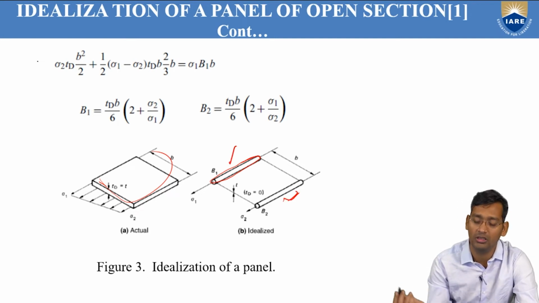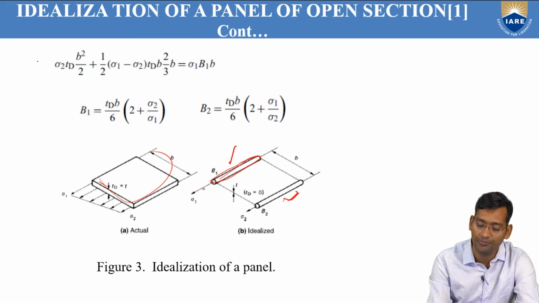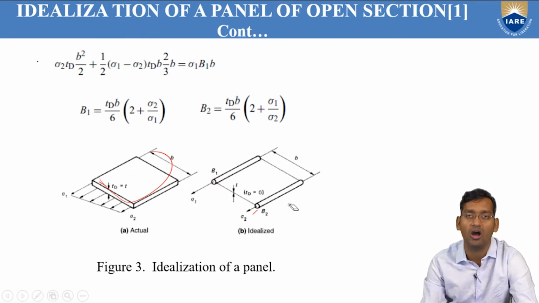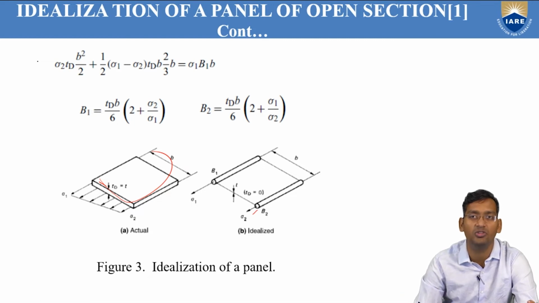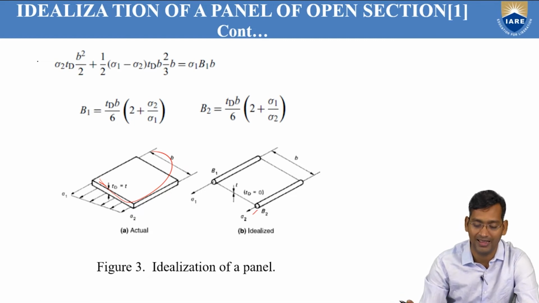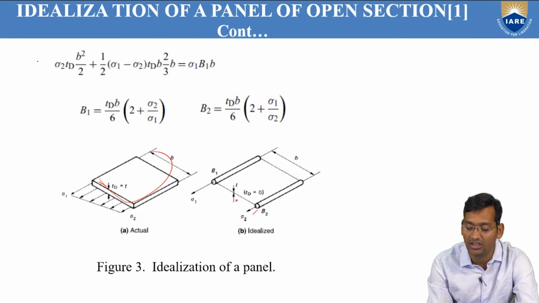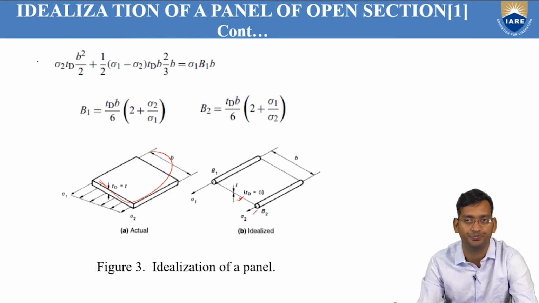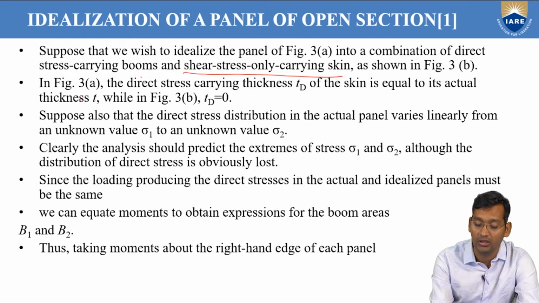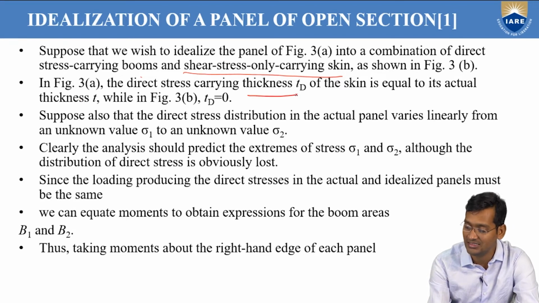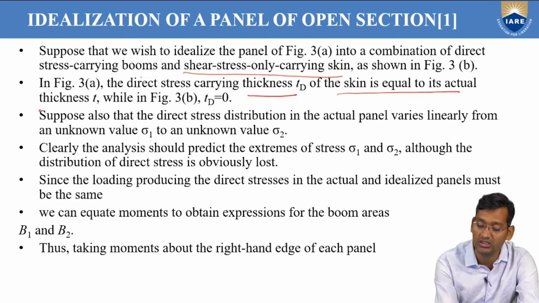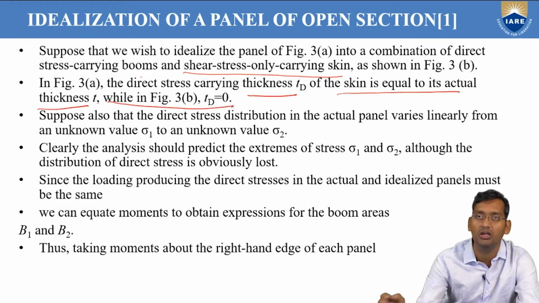Now we focus on all stresses acting on the booms only: sigma 1 along B1 and sigma 2 along B2. After booming, the assumption is that the skin carries no direct stress. In figure 3A, the direct stress carrying thickness TD of the skin is equal to its actual thickness T, while in figure 3B, TD equals 0.